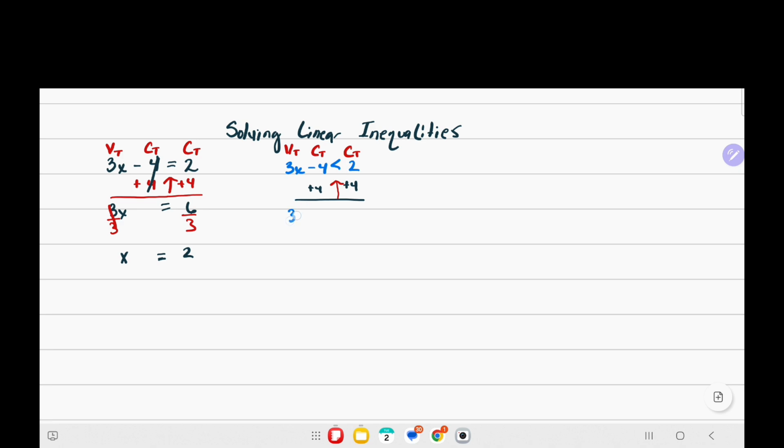The 3x comes down, the 4's cancel, the inequality comes down. And then 2 + 4 is 6. Now you have to actually get the x by itself, so you divide both sides by 3. x, then you bring down the inequality, and 6 divided by 3.